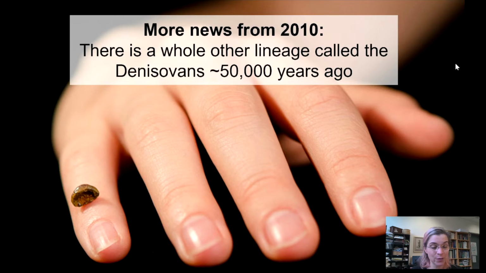First we had that Neanderthal genome, and then we had the publication of ancient DNA being extracted from this tiny little fragment of a finger bone. See it? It's the little brown plop on that person's pinky. That little bone is thought to be about 50,000 years old. So Denisova has made quite a splash.